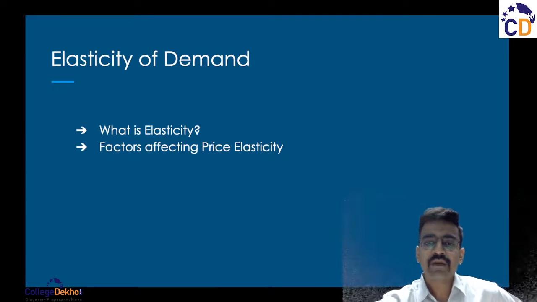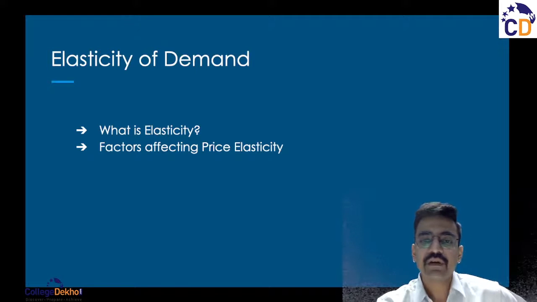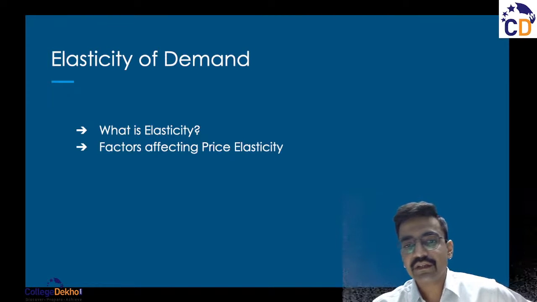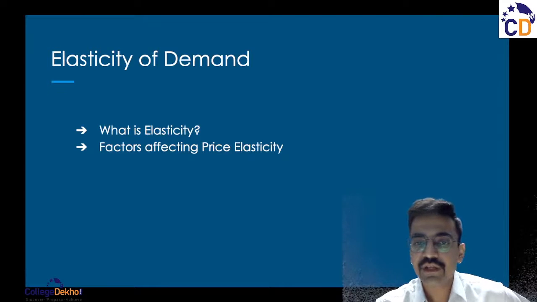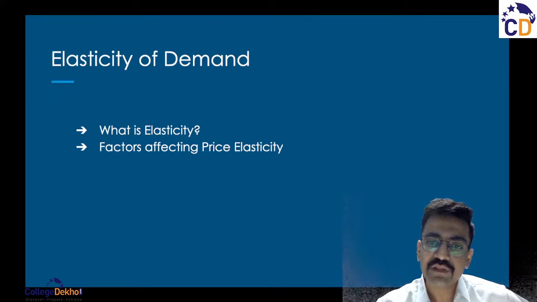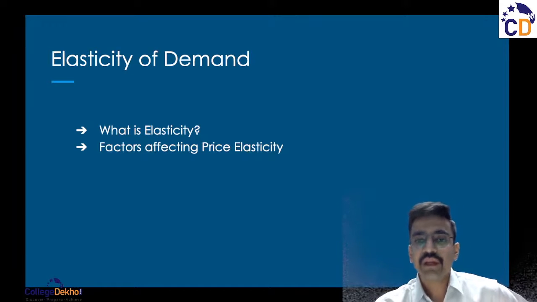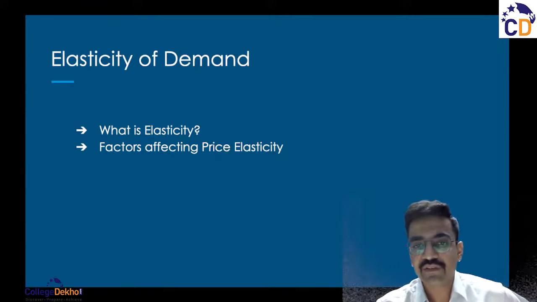Because if the income level of the consumer is high, if the consumer has a lot of savings, a lot of cash with him, then the demand could be less if this commodity is a normal good or if it is a Giffen good, right? So according to what type of commodity it is, the income level of the consumer affects the price elasticity of the demand.